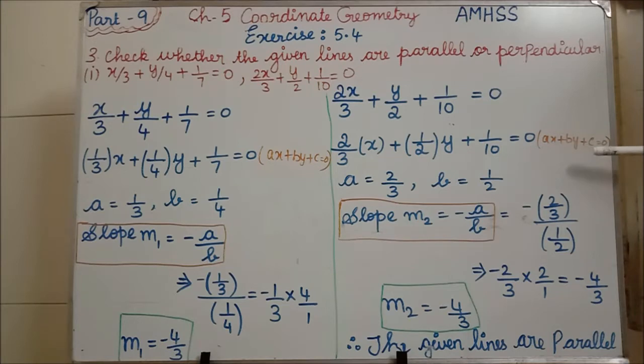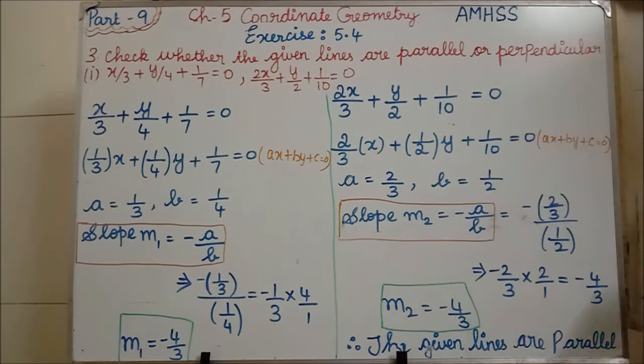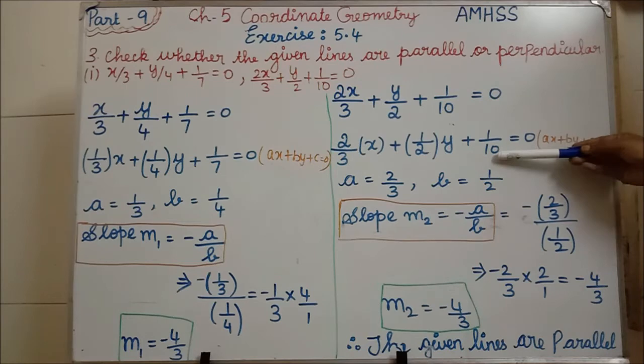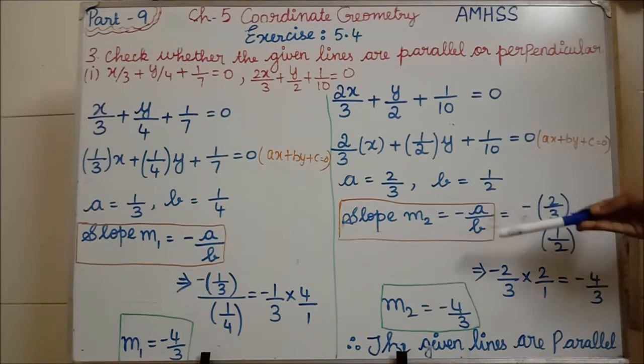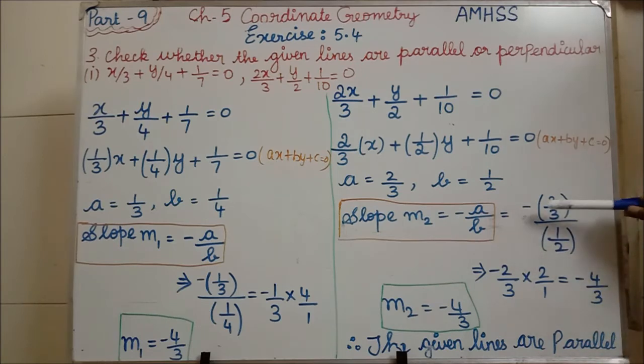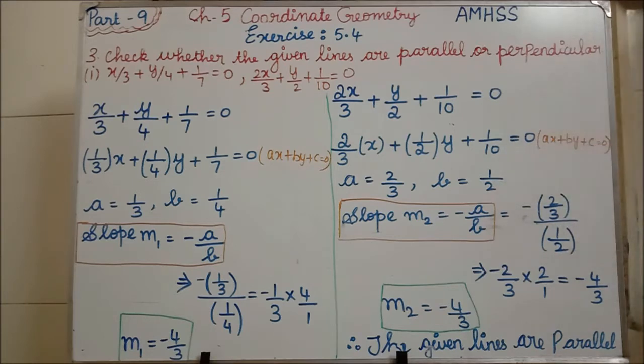Again this is also in the form of ax plus by plus c equal to 0. So in the place of a what are we having? 2 by 3. In the place of b what are we having? 1 by 2. Clear? Again slope m2 equal to minus a by b. Minus, a value is 2 by 3 divided by b value is 1 by 2.